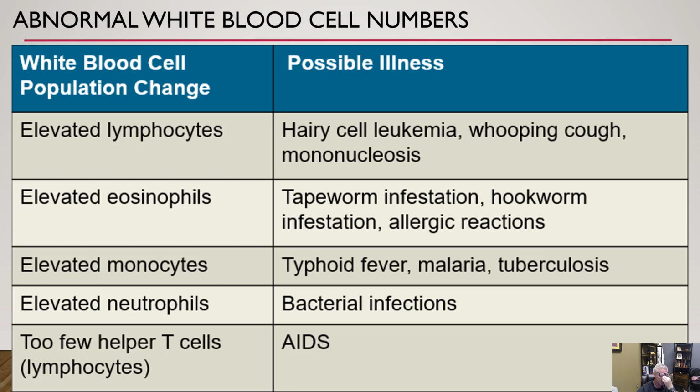Definitely not an all-inclusive chart. So if you have elevated lymphocytes, you can see maybe some leukemia, whooping cough, mono. Eosinophils, you might have some tapeworm, hookworm, allergic reactions. Monocytes elevated: malaria, tuberculosis, typhoid fever.